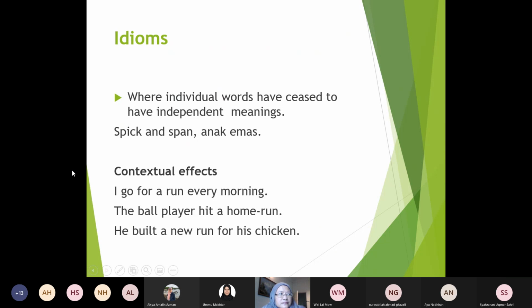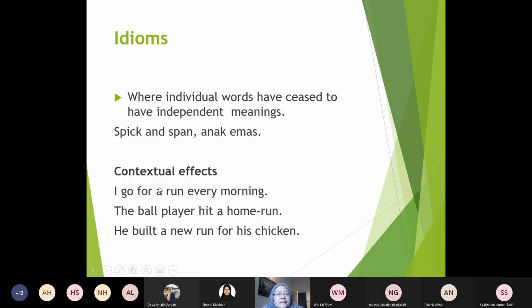So if we look at an example, for example, an idiomatic expression, all these words, we don't analyze. We analyze it as one big chunk, one big word, not individual words.